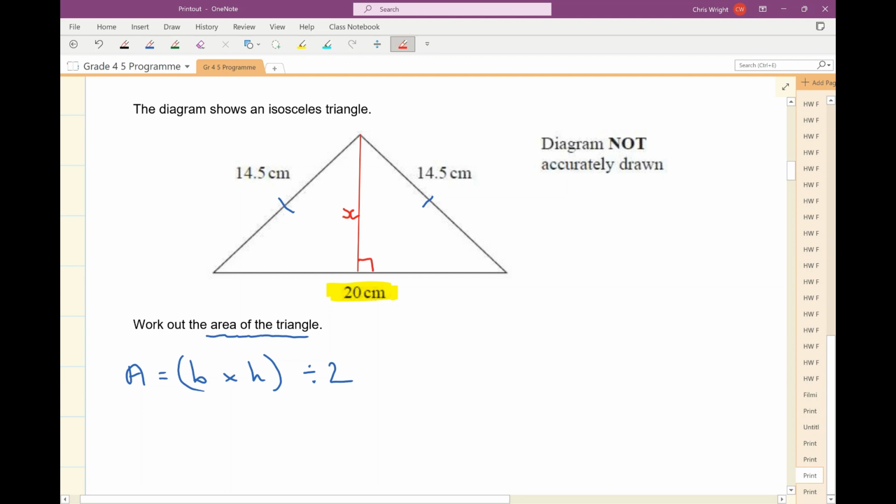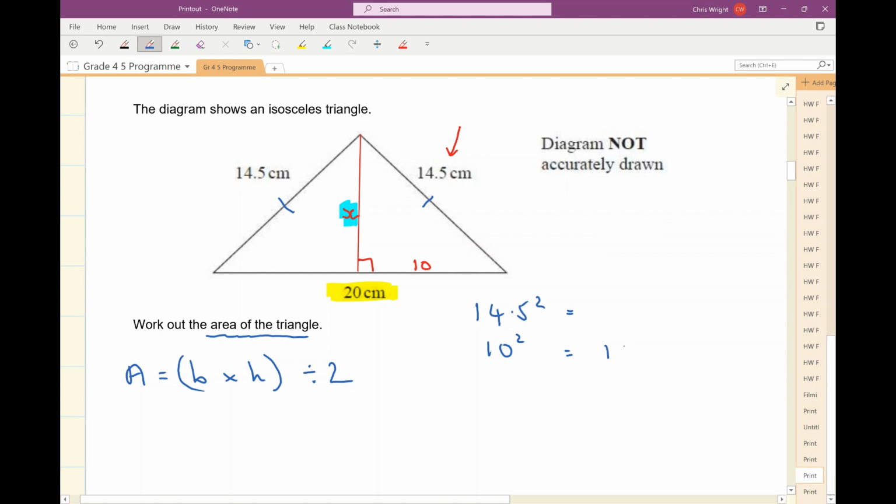And now, how can I find that x? Well, if I look at this triangle here, the one on the right, I've got that is 10 centimeters, half of the 20. I've got the 14.5, and I'm trying to find x. So I can use Pythagoras. I'm going to do 14.5 squared, and I'm going to do 10 squared.